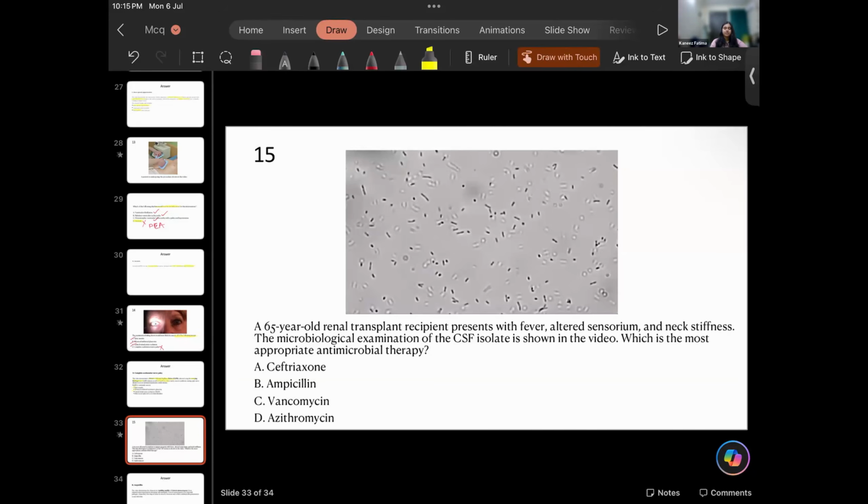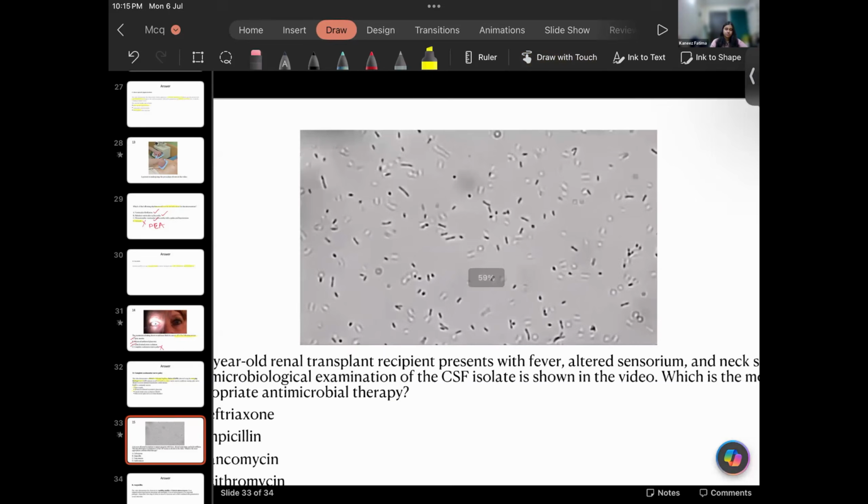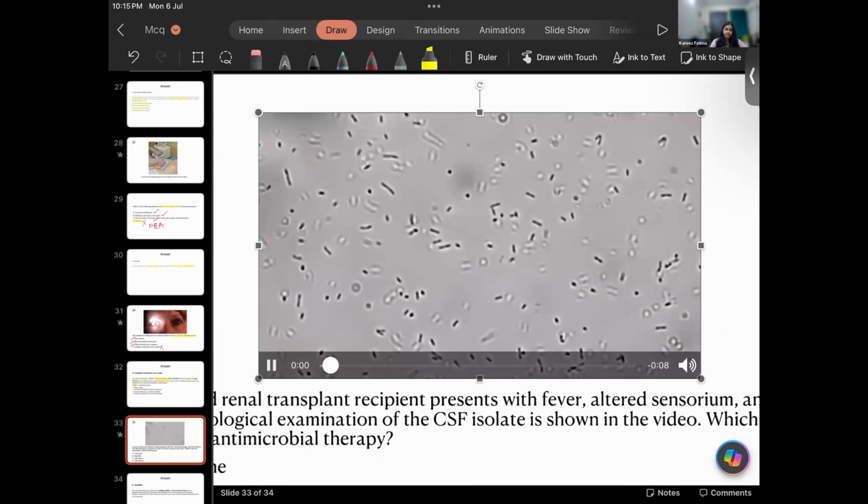Again, the question has tested you in 2 to 3 steps. The patient presents with meningitis, we have a microscopic examination of the organism causing that, and what is the treatment of that organism. So let's identify the organism.